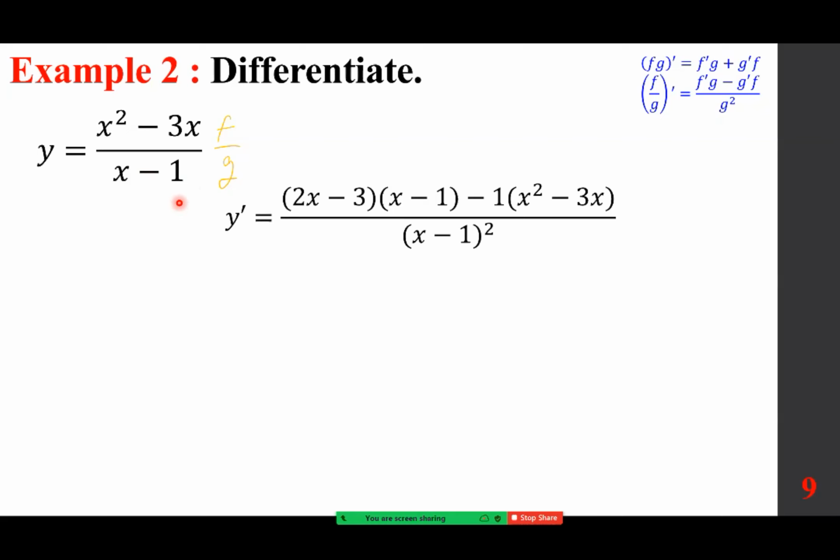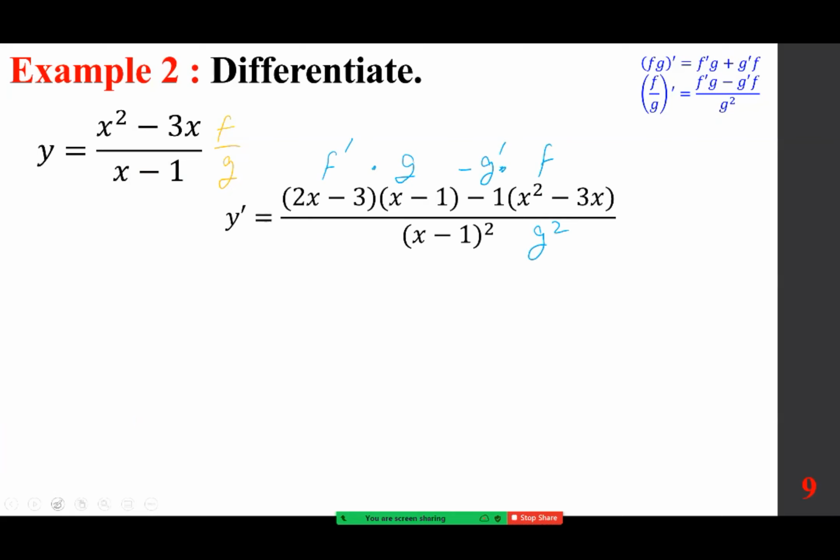So I'm going to write at top of it, here's f prime g minus g prime f, and here's your g squared. On a normal basis, we keep the denominator intact.